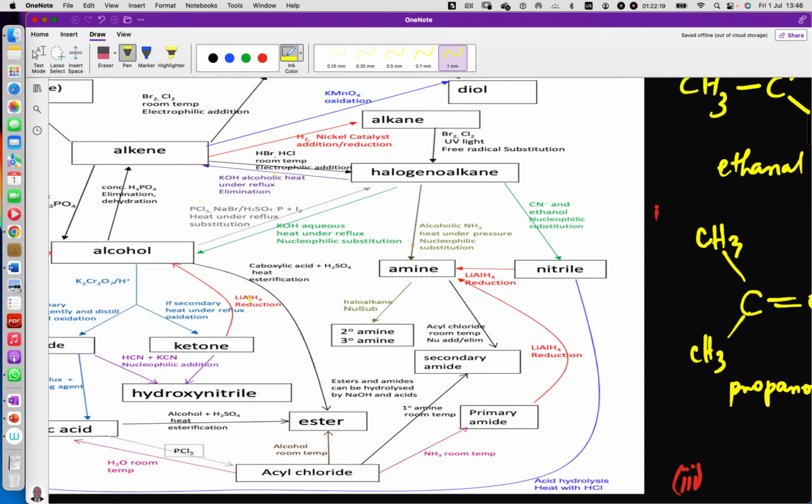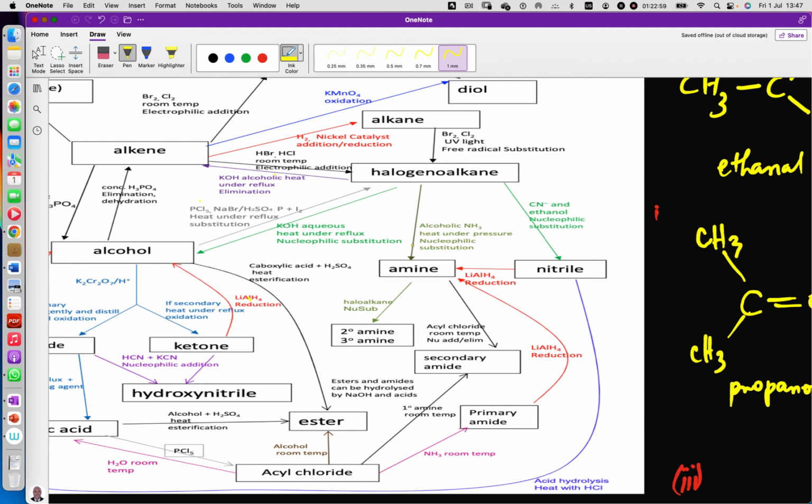Alkane will undergo two types of reaction. The first type of reaction that alkane will undergo is halogenation, and this is by normal substitution. The second type of substitution that alkanes are going to undergo will be a free radical substitution.